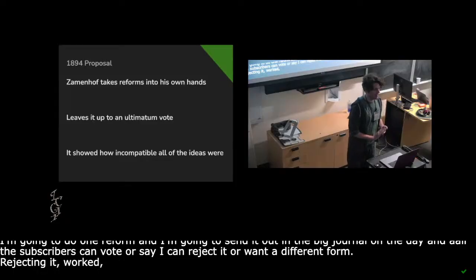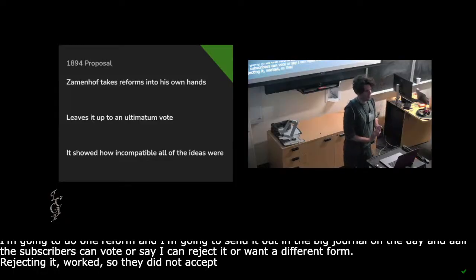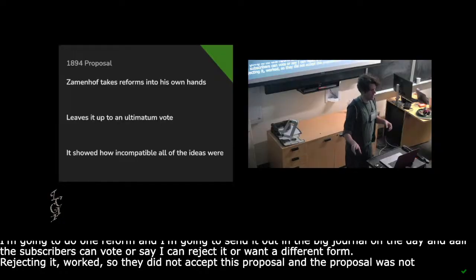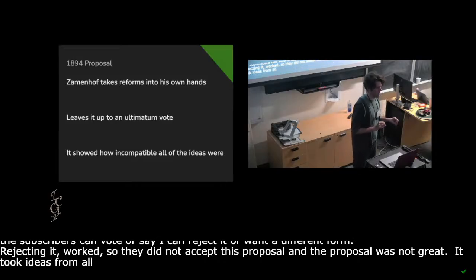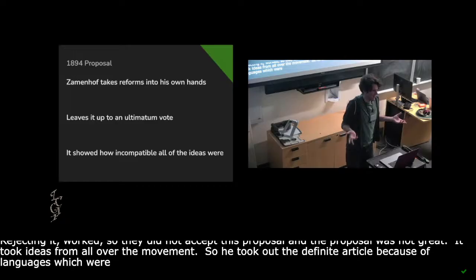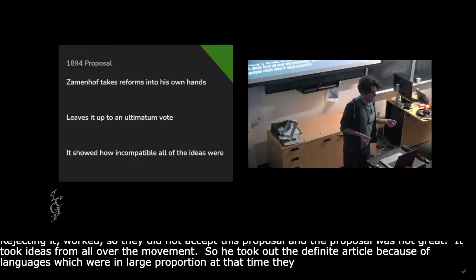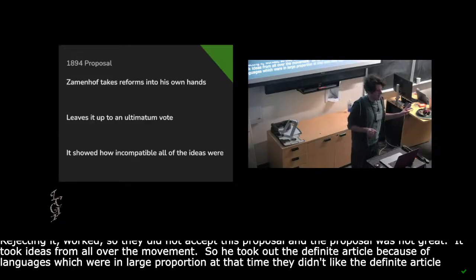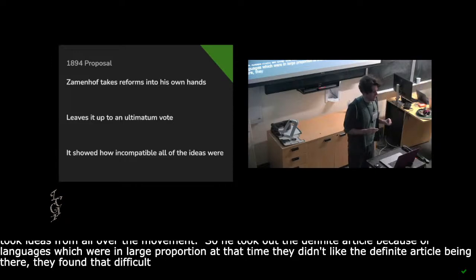And part of it is the proposal was not great. Zamenhof just took ideas from all over the movement, everybody's complaints. So he took out the definite article because speakers of Slavic languages, which were in large proportion at the time, didn't like the definite article being there. They found that difficult. And then he made the vocabulary more Latinate because the people who were speaking Romance languages wanted it to be more Latinate.